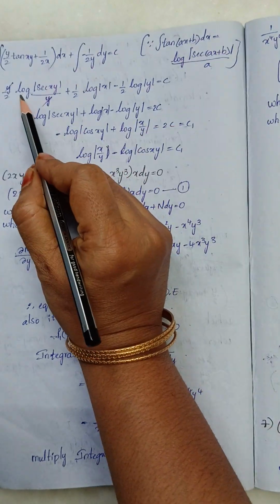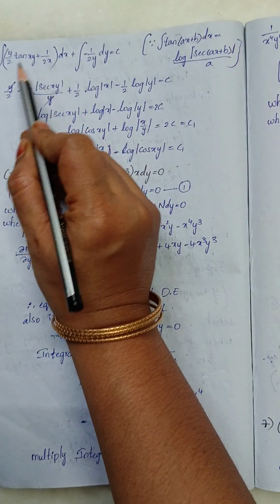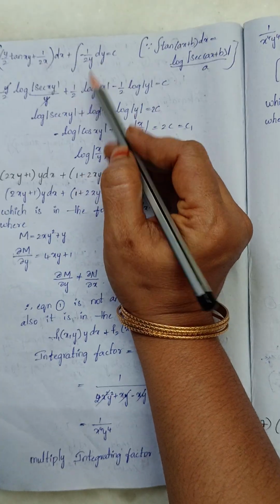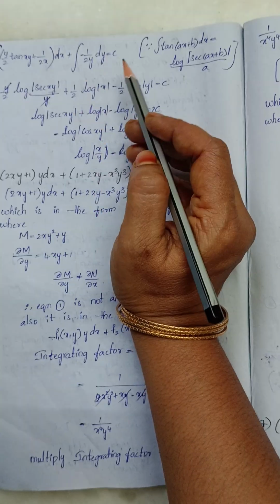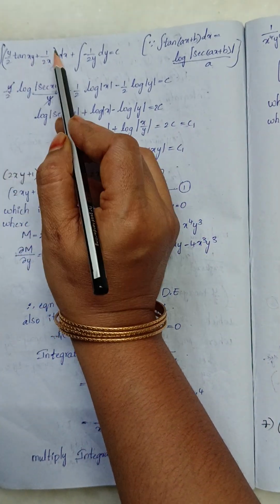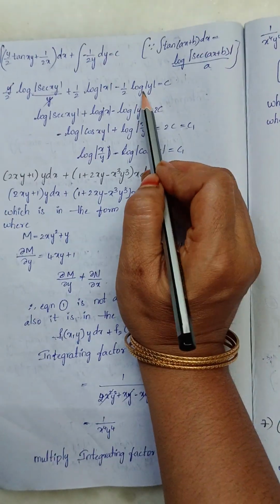In the same way, log mod sec xy with respect to x means y is constant here, so divided by that y. So plus integration of only the terms not having x, only this term minus 1 by 2. See here, the second term is 1 by 2, integration of 1 by x is log x, and minus 1 by 2, integration of 1 by y is log y.